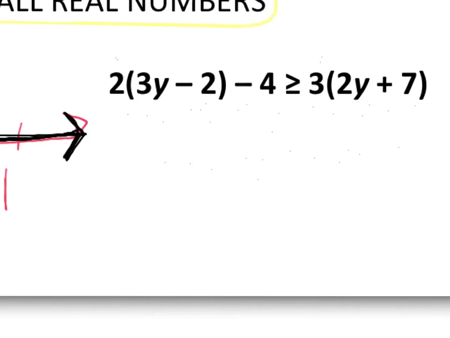Now I have it completely simplified, so I can go ahead and solve it. So what do I need to do first to solve it? Good. Move the variable, so subtract 6y from both sides. And I'm left with negative 8 is greater than or equal to 21.